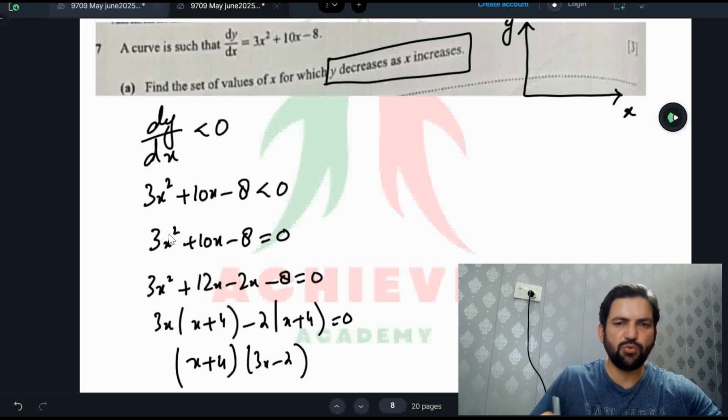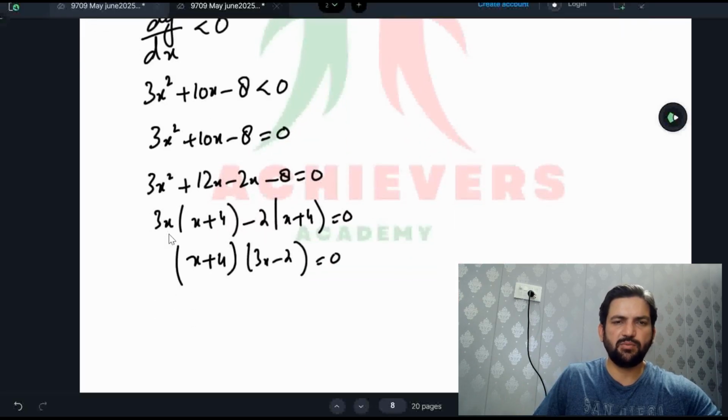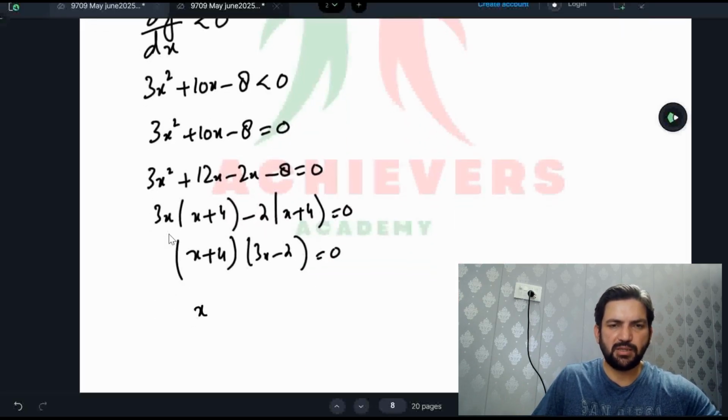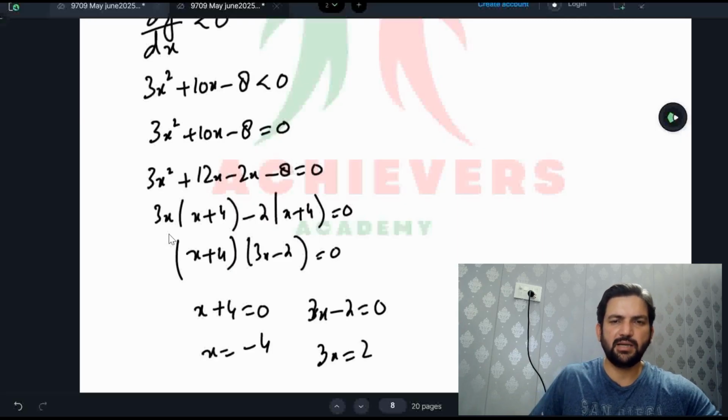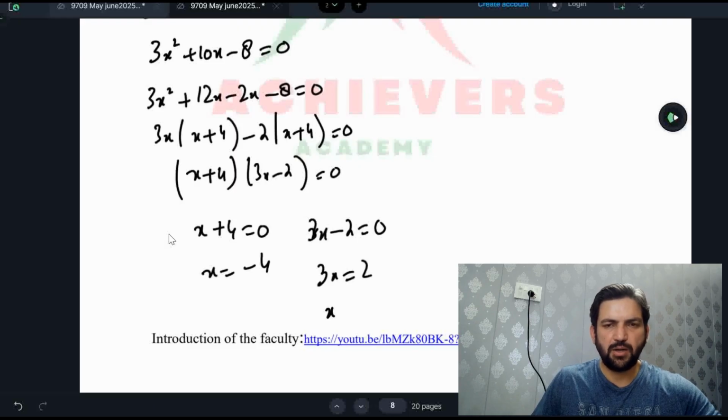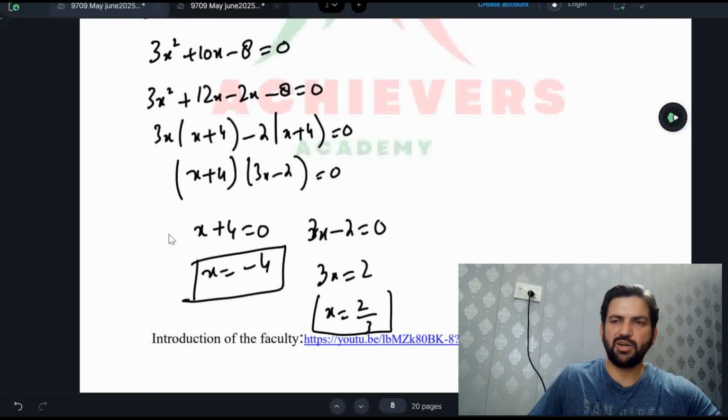So we will have two values. The first one will be x plus 4 is equals to 0 and 3x minus 2 is equals to 0. So x is equals to minus 4 and 3x is equals to 2, which means x is equals to 2 by 3. So from here we have two critical values.